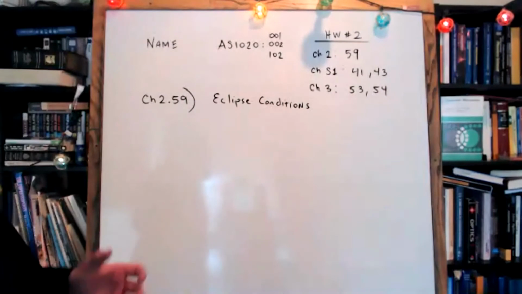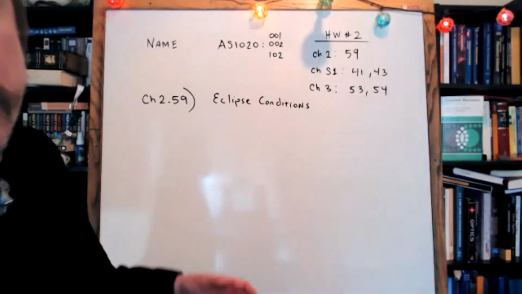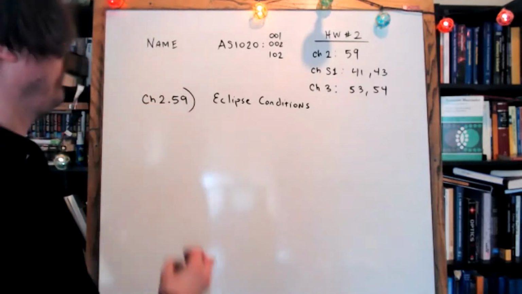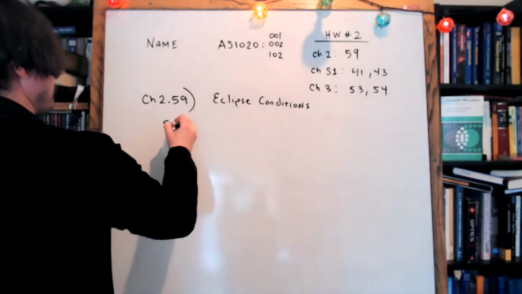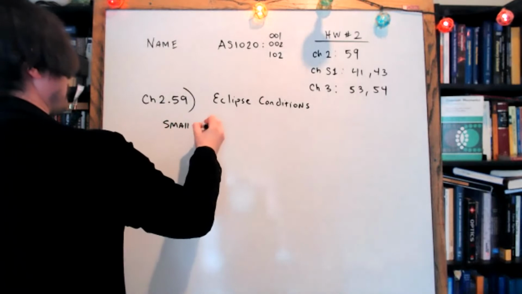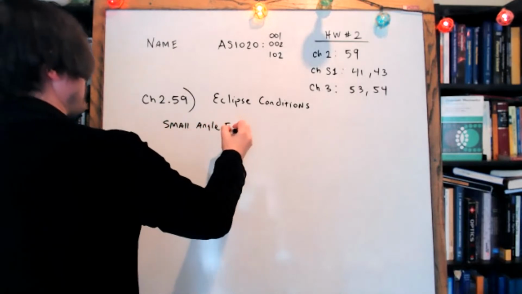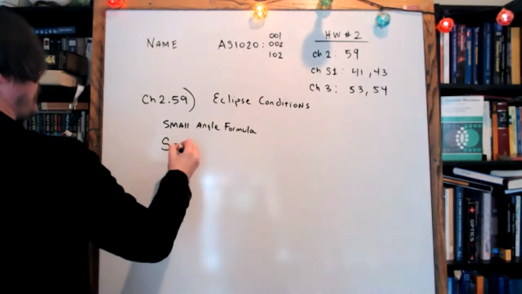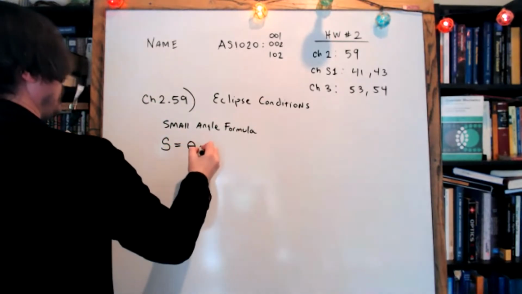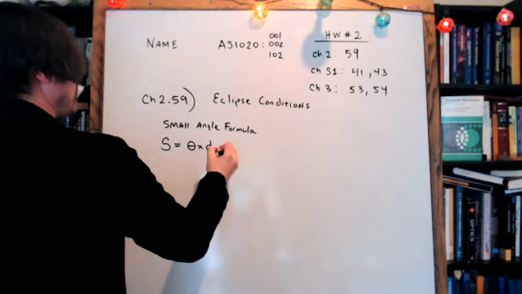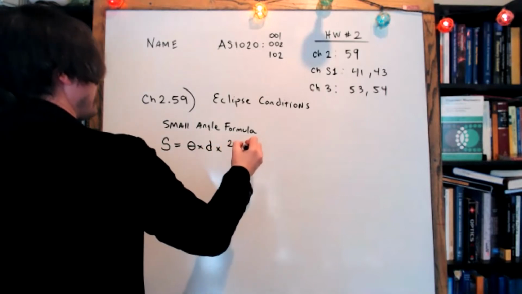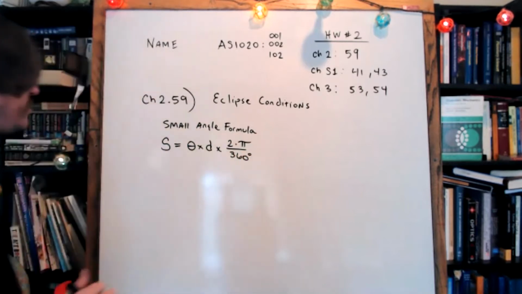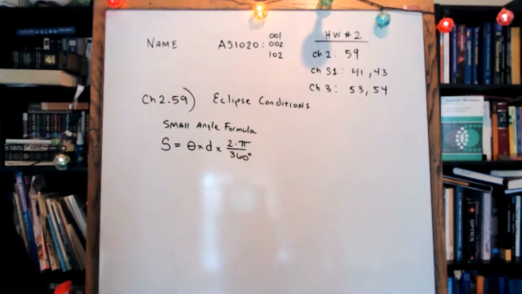You guys will remember that in our last homework, we used a legendary formula called the small angle formula. And that said that the size of our star or moon is the angular size times the distance times 2 pi over 360 degrees.